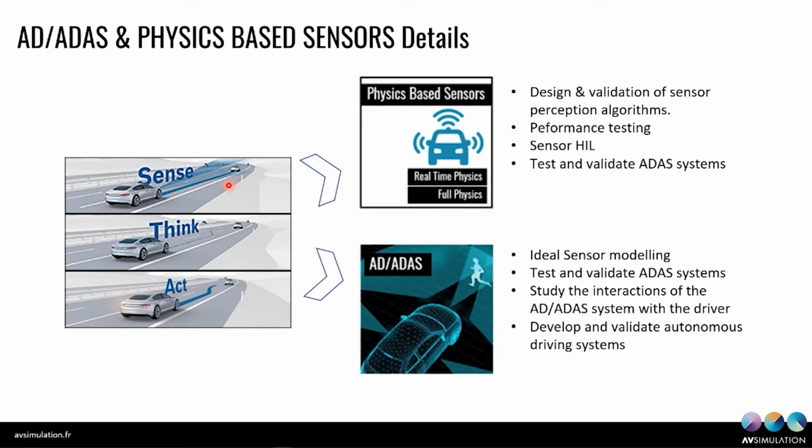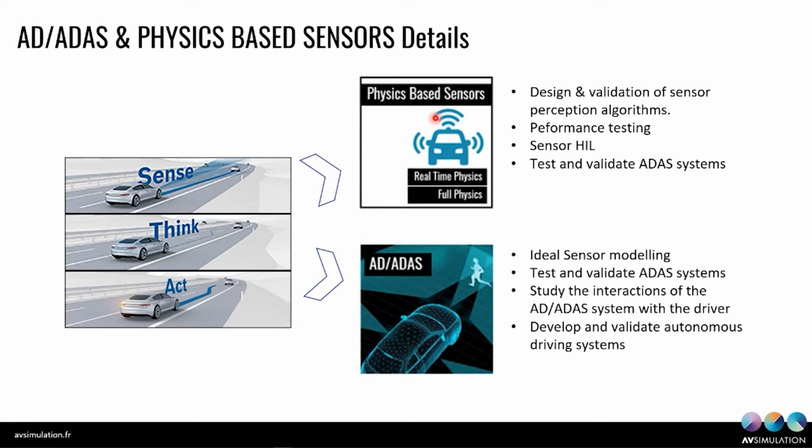We have raw information, and then there are some perception algorithms, which could be called thinking, which allow you to recognize what is actually in front of my sensor. Is it a car or is it a pedestrian? And finally, the ADAS, based on that information, can take a decision.